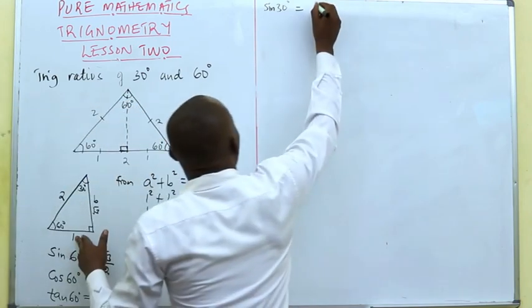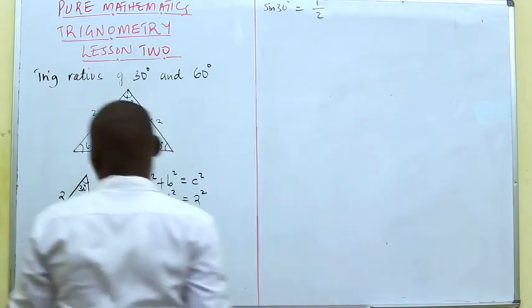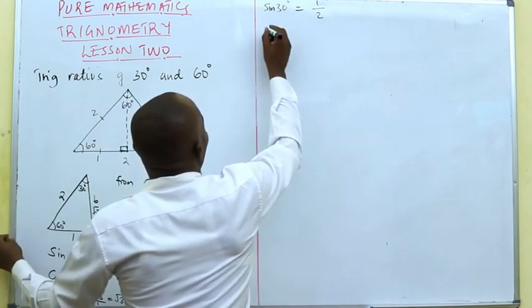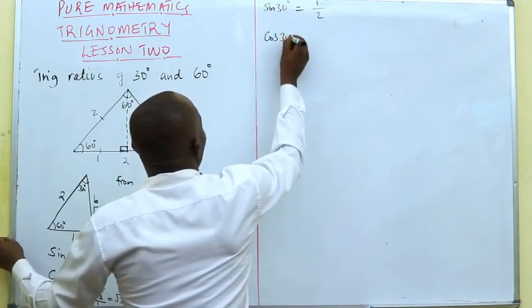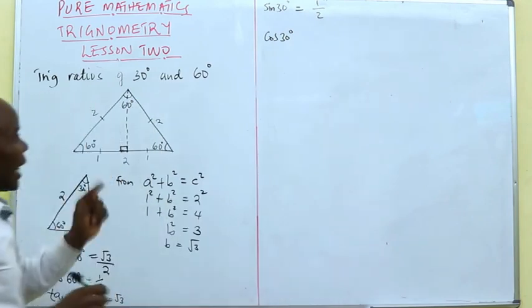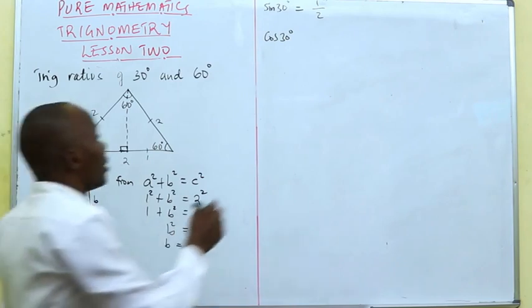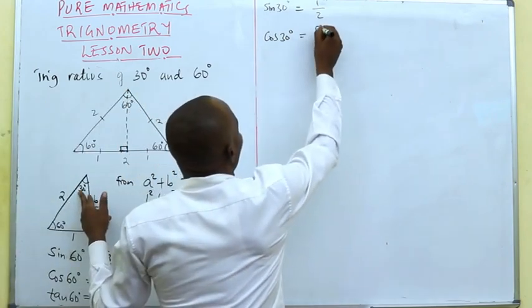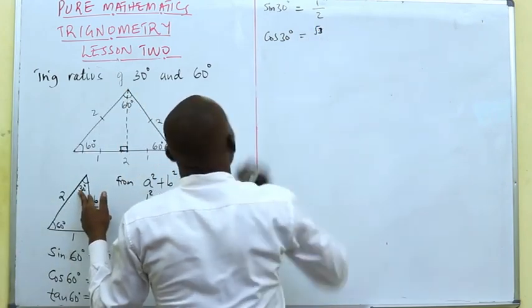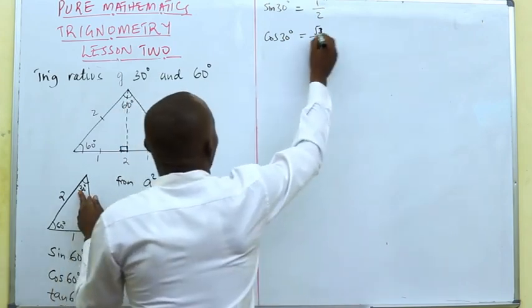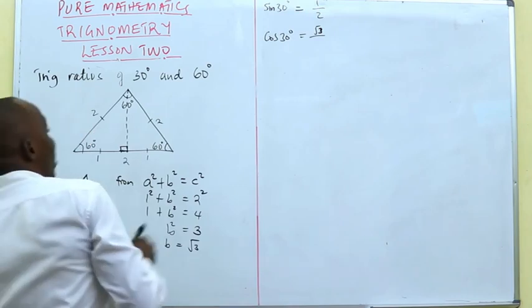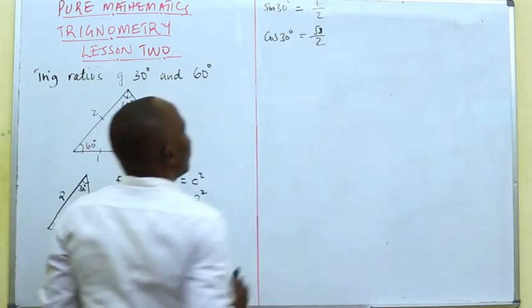So it will be 1 over the hypotenuse side. Then cos of 30 degrees, the side adjacent to this angle 30 is of magnitude root 3 units over the hypotenuse side, which is 2.